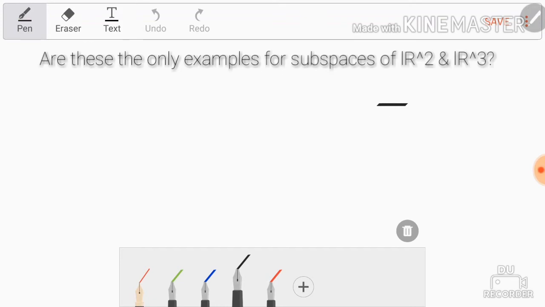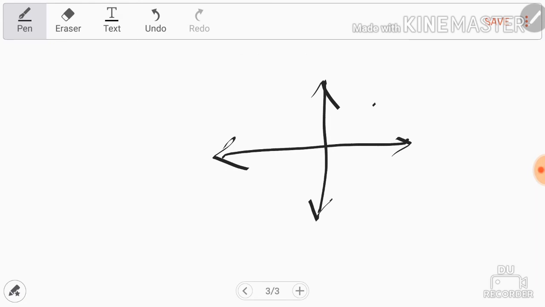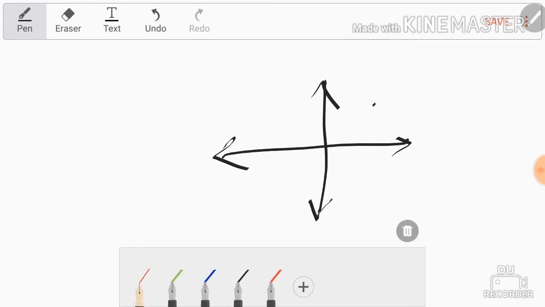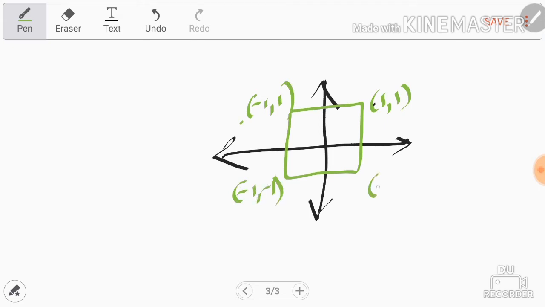Now a natural question arises: why do we only consider lines passing through the origin or planes passing through the origin? What if we consider, say for example, a square, say with vertices (1, 1), (-1, 1), (-1, -1), and (1, -1)?